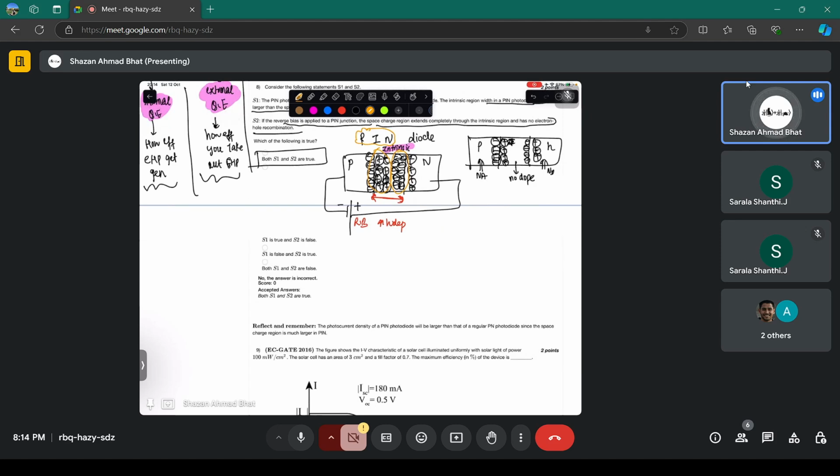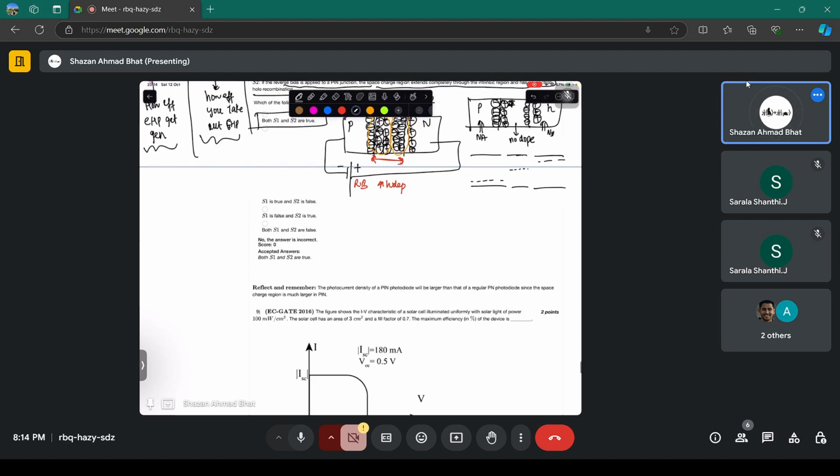And if you draw a band diagram of it, that is also a little bit tricky, because this is P, this will be N, and in the middle is the intrinsic Fermi level. Whenever you combine them, there will be a step-like figure in equilibrium. When you connect them, all of the Fermi levels want to be aligned.